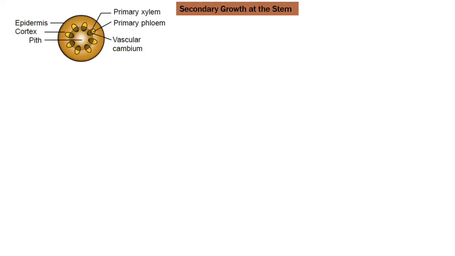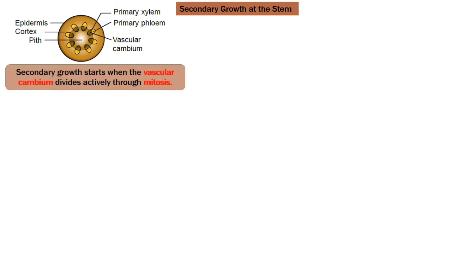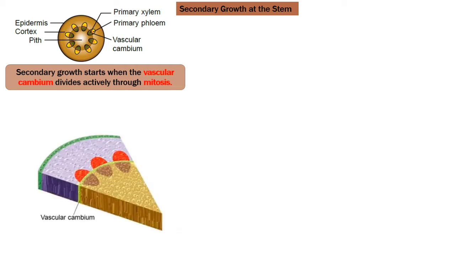So let's discuss more about the secondary growth process at the stem. Okay, this is the diagram of cross section of stem after primary growth. After primary growth, the stem has primary xylem and primary phloem. Secondary growth starts when the vascular cambium divides actively through mitosis. And then, this is the location of vascular cambium.